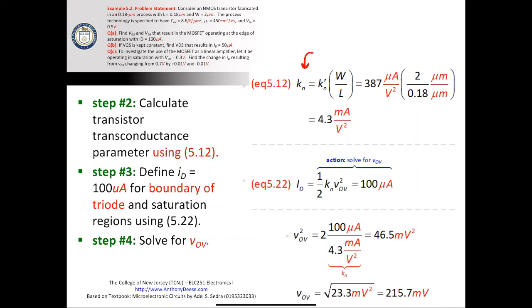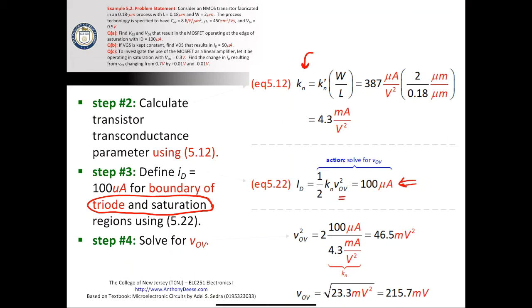And then now what we're going to do is define ID and set it equal to the 100 microamps. Like I said before, we know that we're at the boundary of triode and saturation, which they call the edge of saturation, same thing. And so we can use the equation for the saturation region, which again only has one variable to solve for, which makes it easier.